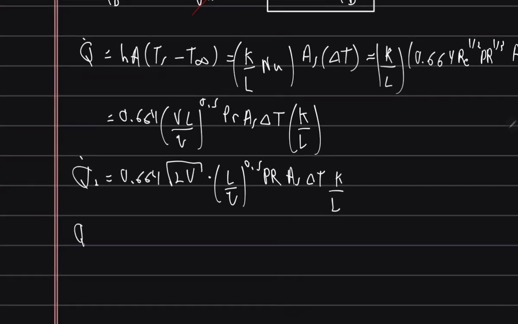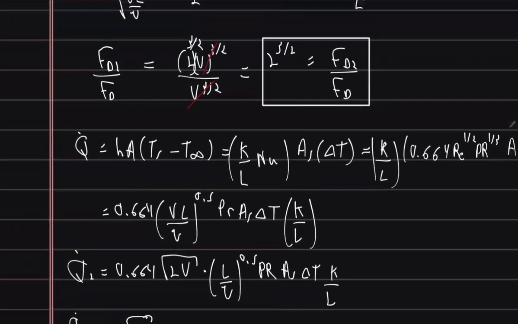So now when we do Q dot 2 over Q dot 1, we already have everything ready. Everything cancels out. We have square root of 2v over square root of v, because v to the 0.5. The 0.664s cancel, the Prandtl numbers, the A_S delta T, k over L, all of that mess cancels out, and we're left with this.